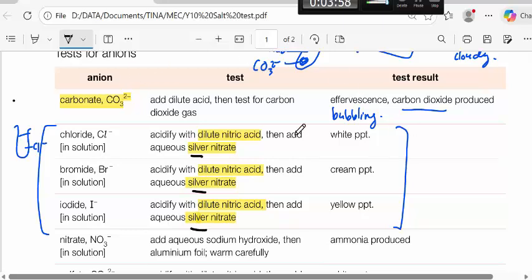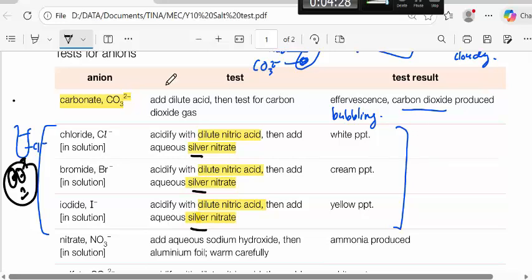All of this is observation, what you see. If you see a precipitate, that means there is chloride, bromide, or iodide. If there is no precipitate, there is no chloride, bromide, or iodide. A white precipitate means chloride. A cream precipitate means bromide. A yellow precipitate means iodide.